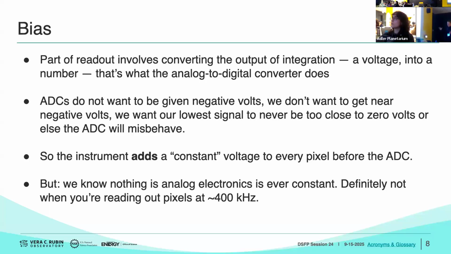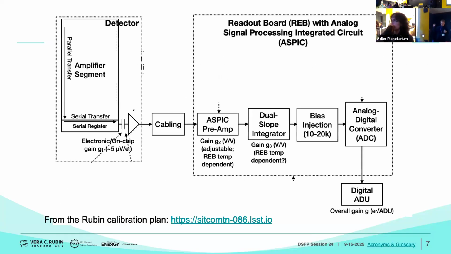Okay, so we looked at raw images. We haven't looked at bias images yet. But part of this, Alex briefly mentioned, is that between integrating the signal from the pixel and actually reading it out and converting it to a digital value, we inject bias, right?